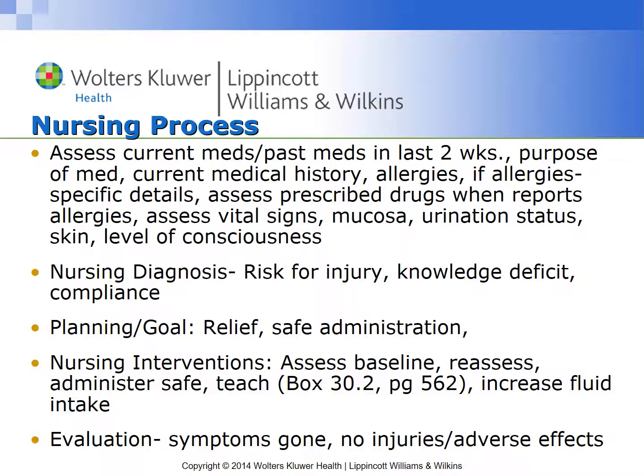I've had patients say to me, well, I don't want to take this pill because it's making me urinate more, and I think I'm allergic to it. Well, no, that medicine that you've been put on is supposed to make you urinate more. So that's not an allergy. So you want details about what kind of allergic reaction the client had.